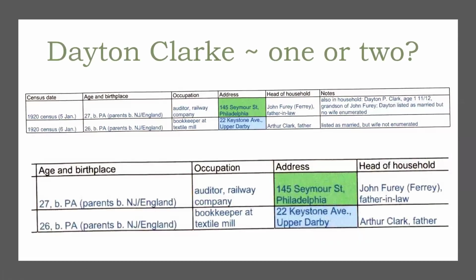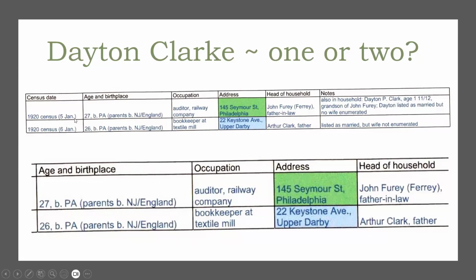So here's another one that I was doing for a friend. This is his great grandfather in the 1920 census. And there's these two men. I know his great grandfather's named Dayton Clark, and I find two men in 1920 named Dayton Clark in the census.